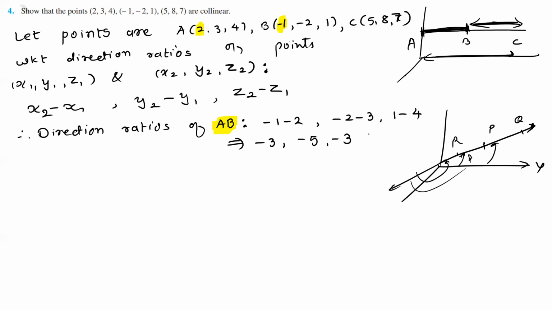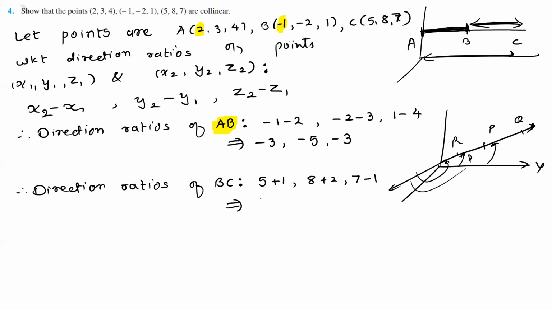We can find it for BC or for AC; they will be in proportion. The direction ratios of BC are the coordinates of C minus B. For x, 5 minus -1 is 6. For y, 8 minus -2 is 10. For z, 7 minus 1 is 6. So it's 6, 10, 6. You can see they are in proportion.